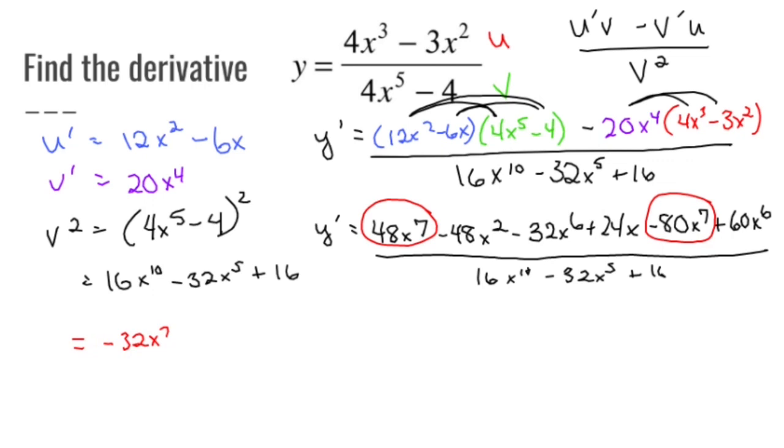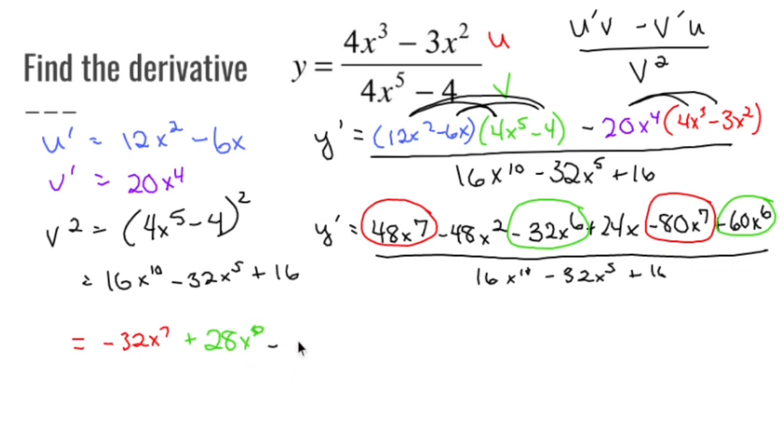Negative 24x to the 6th plus 60x to the 6th is 36x to the 6th. I had to think about that for a second there. That's supposed to be x to the sixth. What else? Nothing else combines.